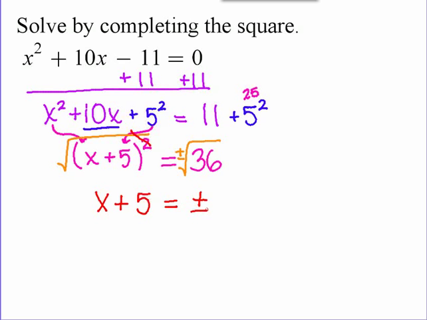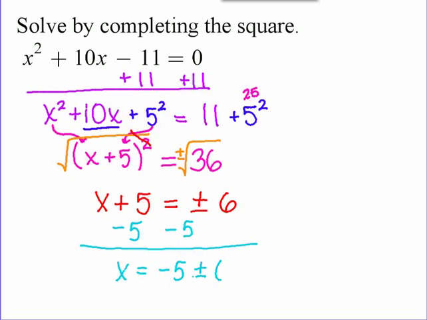But what is root 36? 6. Now how would I solve that for x? Minus 5. So on the left side, I'm left with x equals. On the right side, this is how you need to write it: negative 5 plus or minus 6.